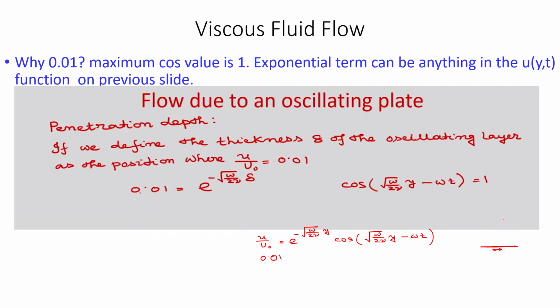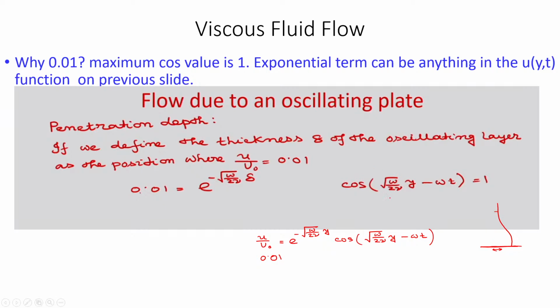So obviously it will penetrate. At a particular time the velocity may look like this, and when we are defining the penetration depth, we are interested in the maximum length it can go. So that is the penetration depth.